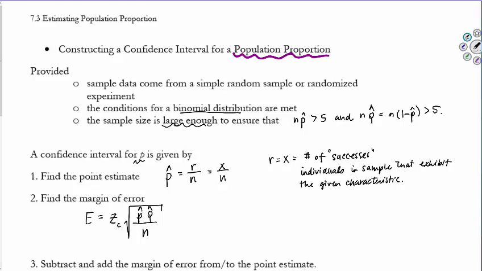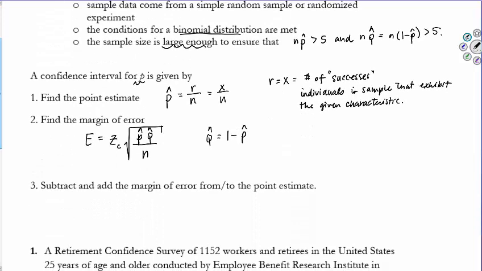You remember p hat we just defined, and q hat is simply 1 minus p hat, right? The probability of failure. It's a three-step process, remember: point estimate, margin of error, then we subtract the margin of error from or add it to the point estimate p hat to create a lower bound and an upper bound.